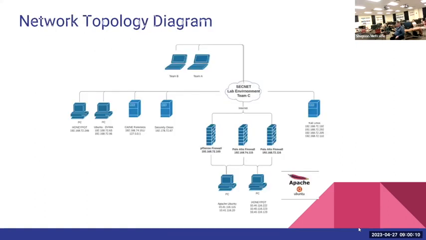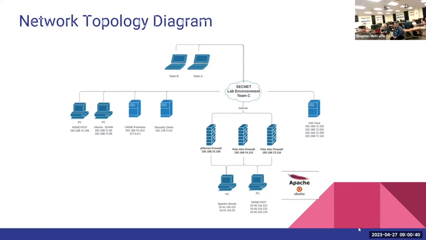So getting started with our network topology diagram, as you can see here on the outside, we have the other two teams and then our cloud environment here. And then we had a honeypot and Ubuntu on the outside of the network so that we could do attacks on that. And also we have the Kane forensics and Security Onion and our Kali Linux as well, so we could do vulnerability testing and attacks.